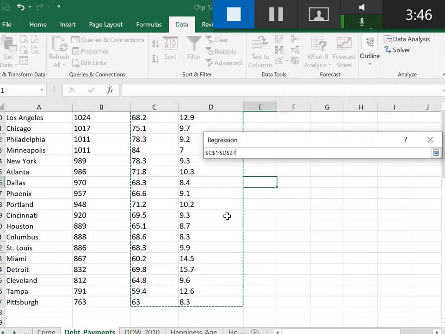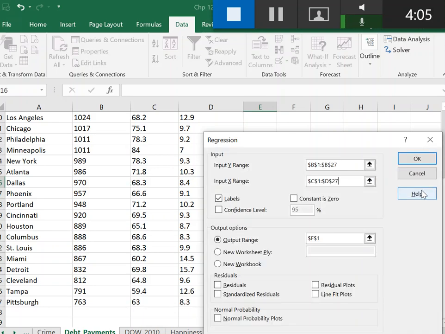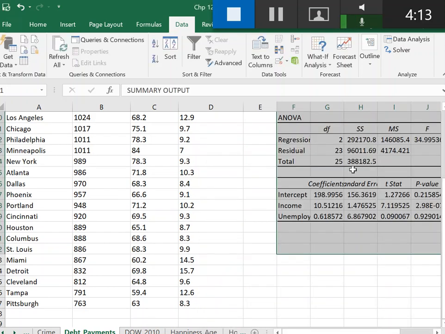It is possible to put two variables in there that are not side by side. It's just harder, so it makes your life easier if you write it where maybe Y is on the left and then all of your X variables going that way, kind of as the equation is written, as long as you're not doing a scatter graph. Now, I do have labels. I want my output range to be just F1, and I'm going to press OK.